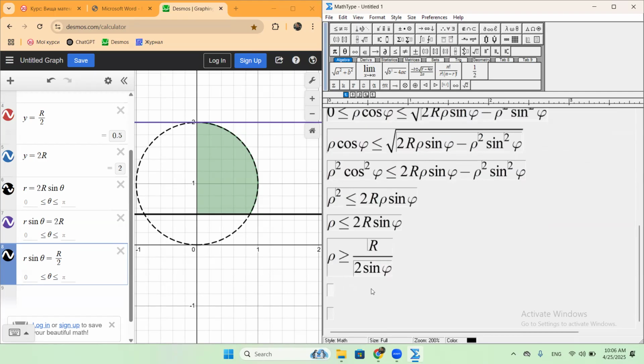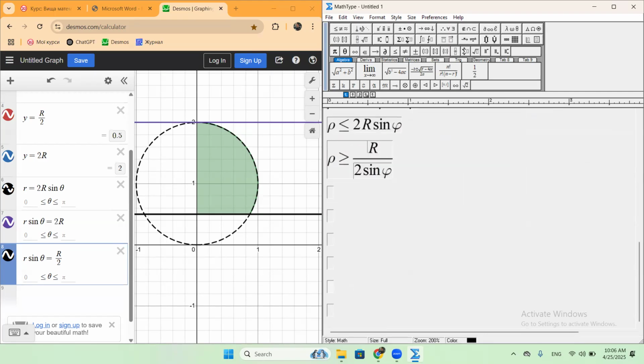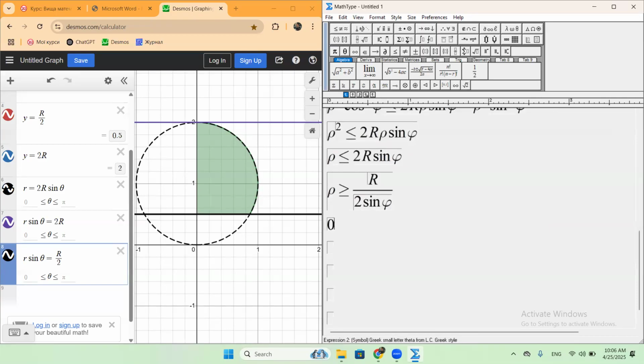So let's now write down limits of integration. So phi changes from 0 to pi over 2.